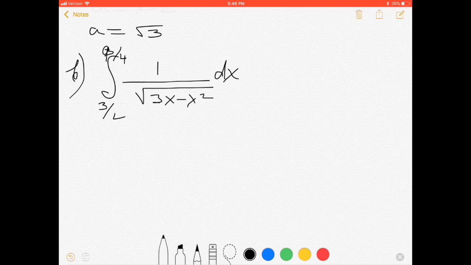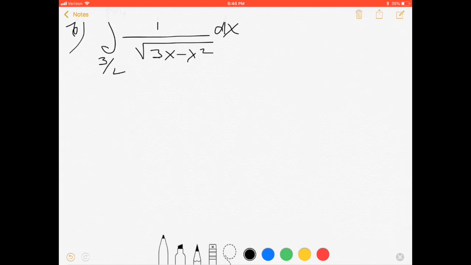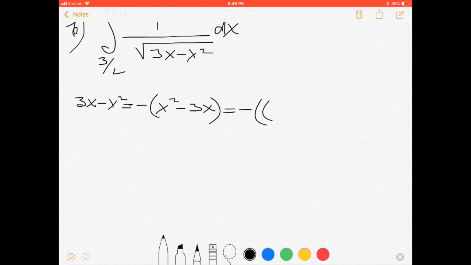Here we need completing the square. Maybe I'm doing it separately. 3x minus x squared, take the minus out, we have x squared minus 3x. It means minus, inside I have x minus, because I have minus 3x, and half of 3 will be 3/2.